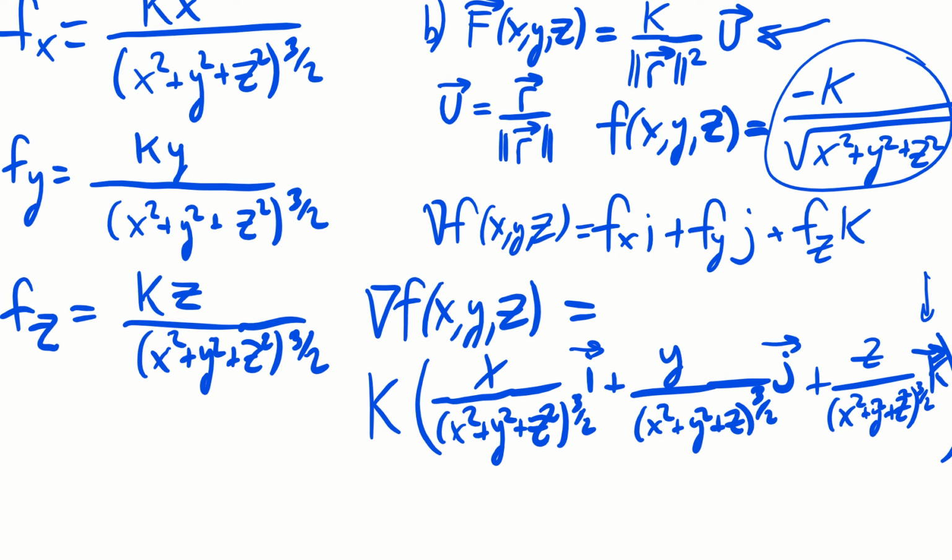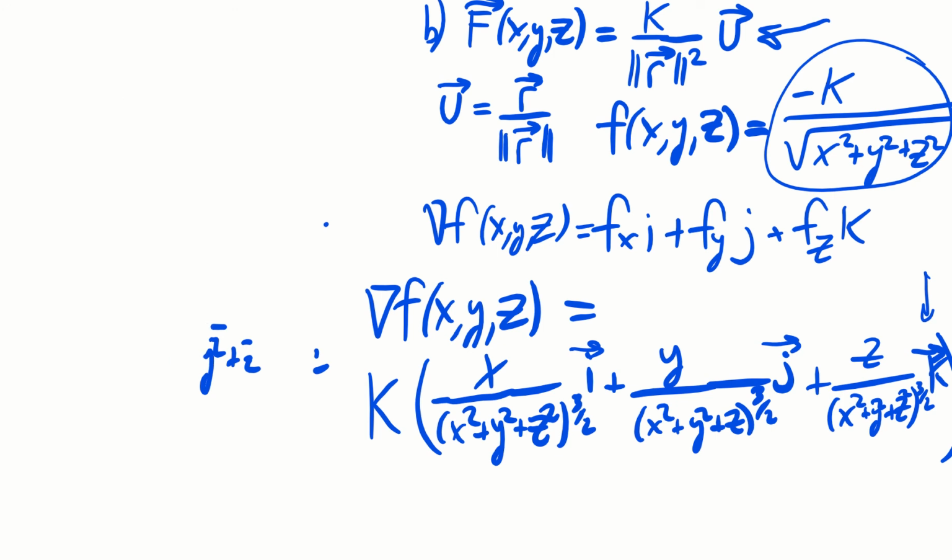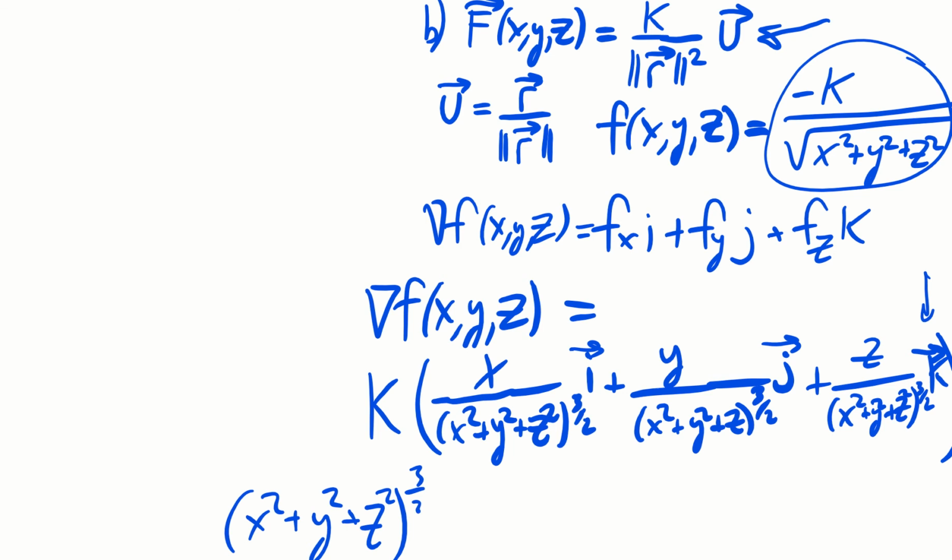Okay, so what do we do next? Well, I want to make it look like what we have above, and we can do that by breaking out part of the denominator. In the denominator we have x squared plus y squared plus z squared to the 3/2 power.